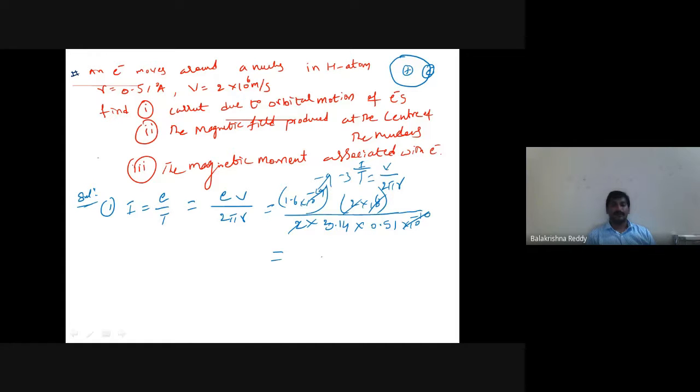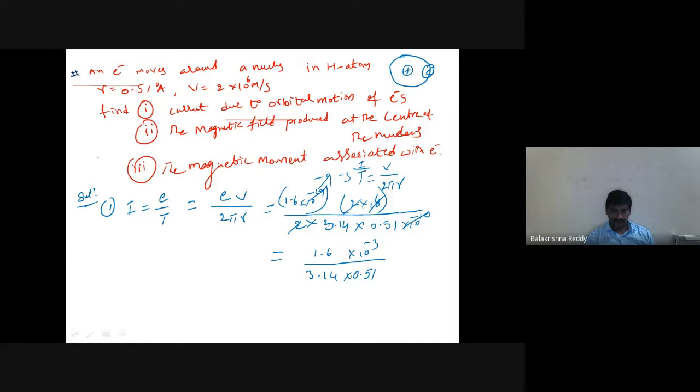So I have 1.6 into 10 to the power minus 3 by 3.14 into 0.51.